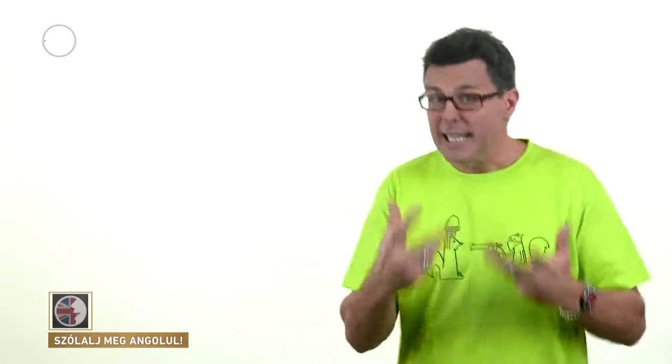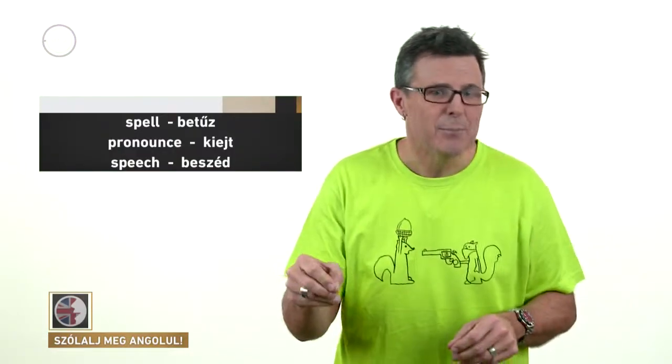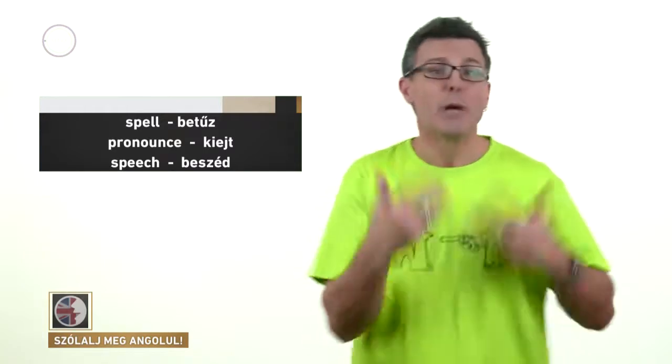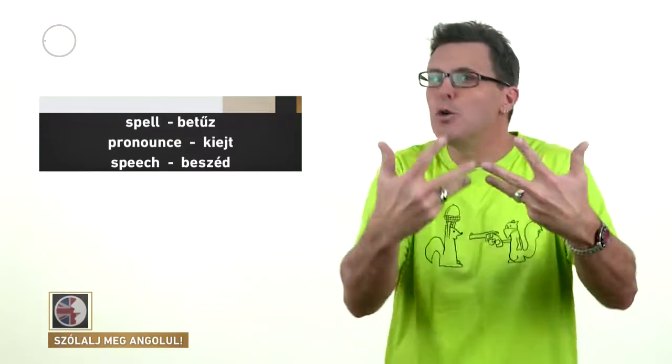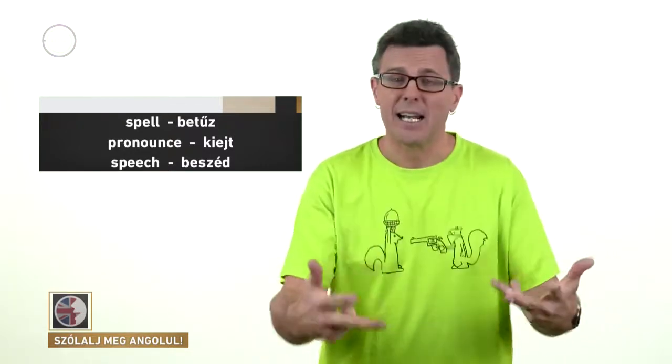So, when we're talking about a silent letter in English, we're talking about a letter in a word which is there when we spell the word, when we write the word down. But when we say the word, when we pronounce the word, when we use the word in speech, then we don't make the sound of that letter. The letter is there.